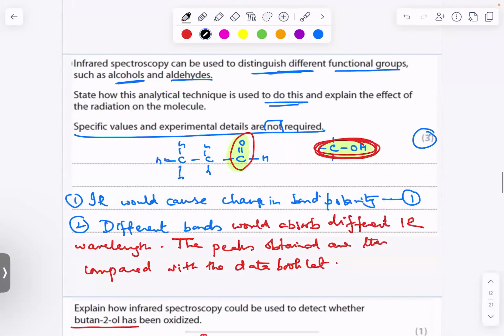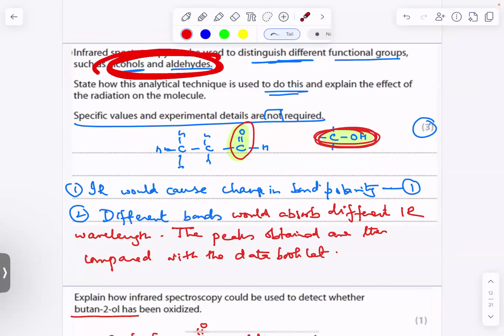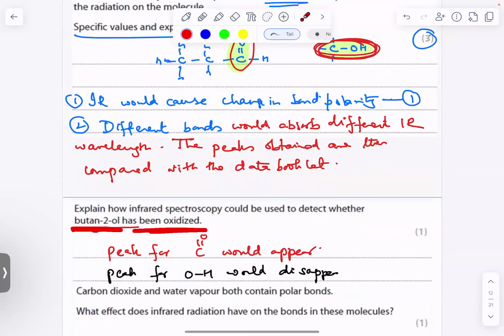No, because this is interconnected to this question, which shows that you need to differentiate between two functional groups. So if you are sure that butan-2-ol has been oxidized, the only product you are going to get is a ketone, no alcohol. So what I said was correct.